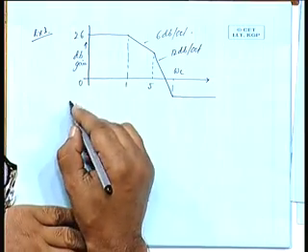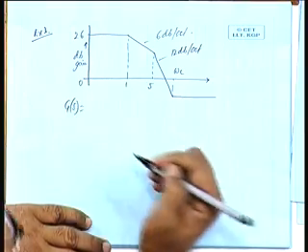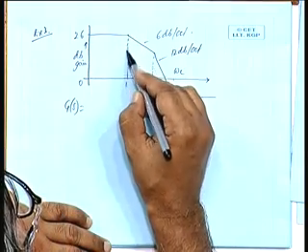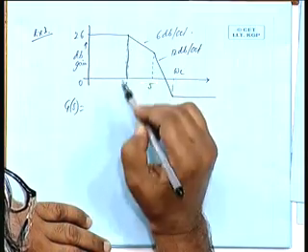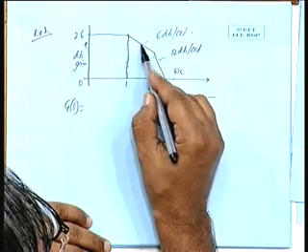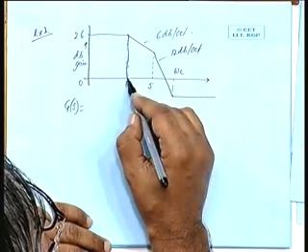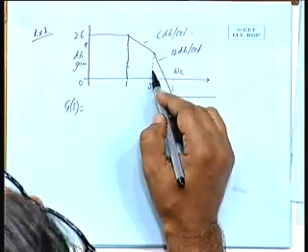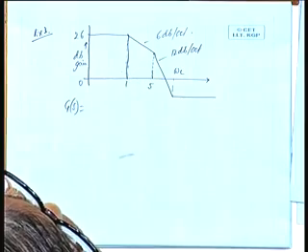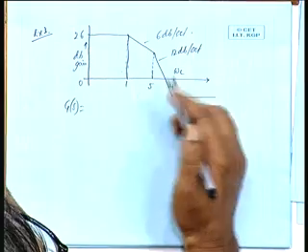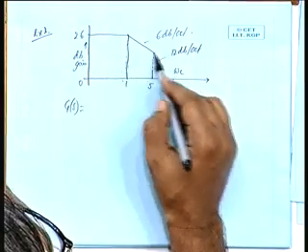So, what would be GS like? First of all, what would be this height? This is 26, 6 dB per octave. So, from 1 to 5, how much is the fall?